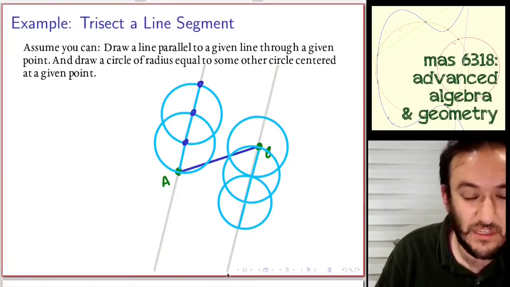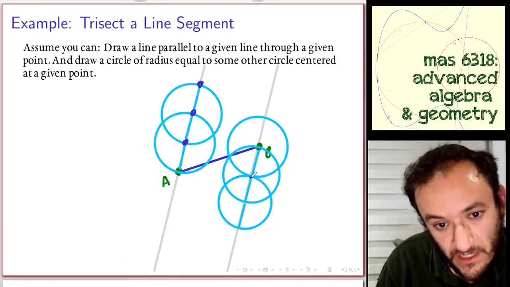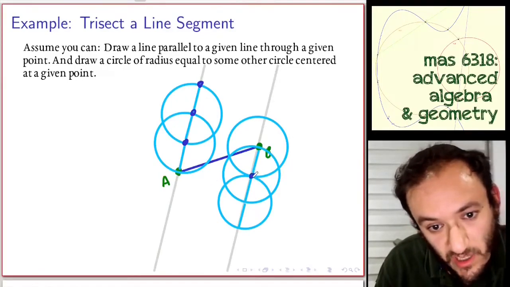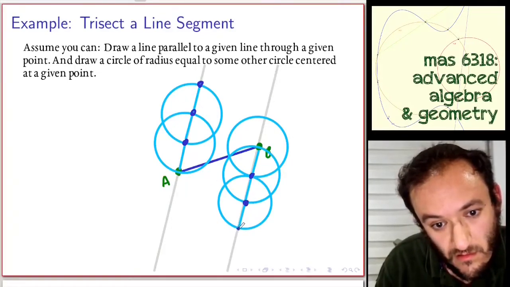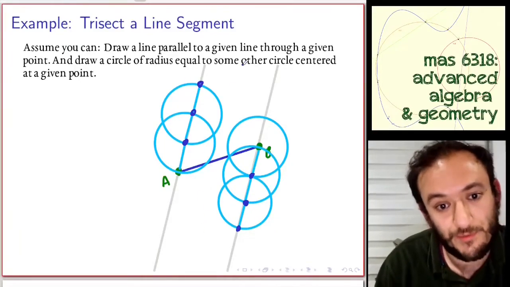So it's a line segment split into 3 equal parts, again with the points of intersection demarcating the thirds of the line segment marked in blue.